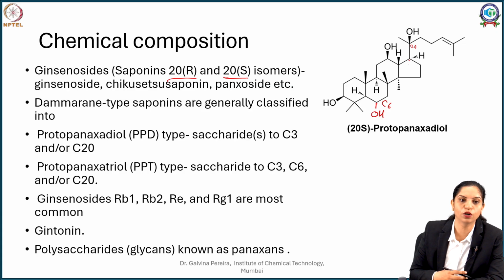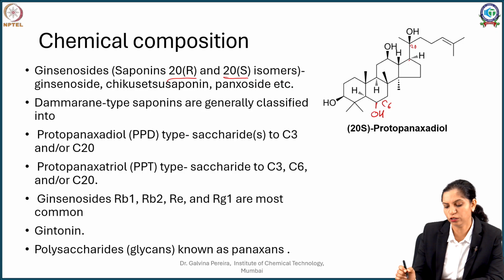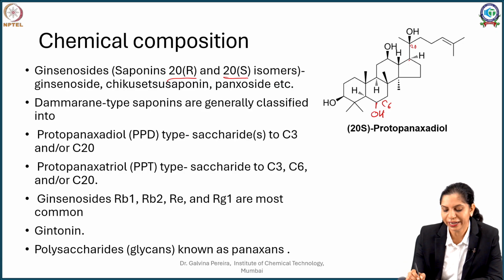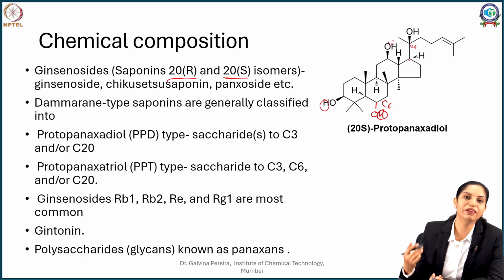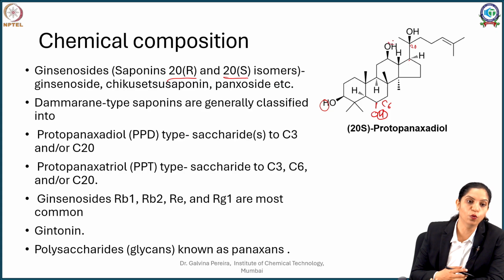So you have protopanaxadiol and protopanaxatriol, and to all these hydroxyls you will see sugars being attached. Now when these sugars are attached, they make the molecule more and more polar.